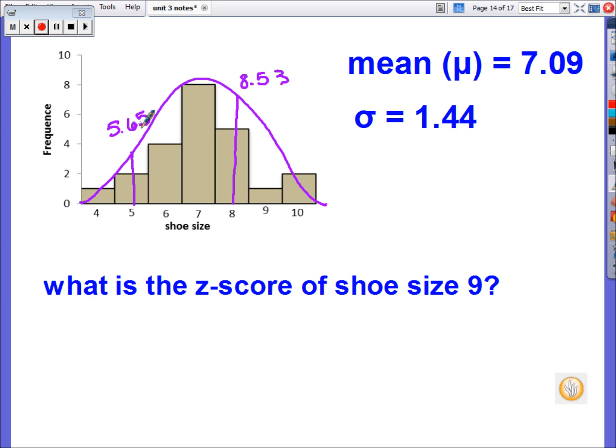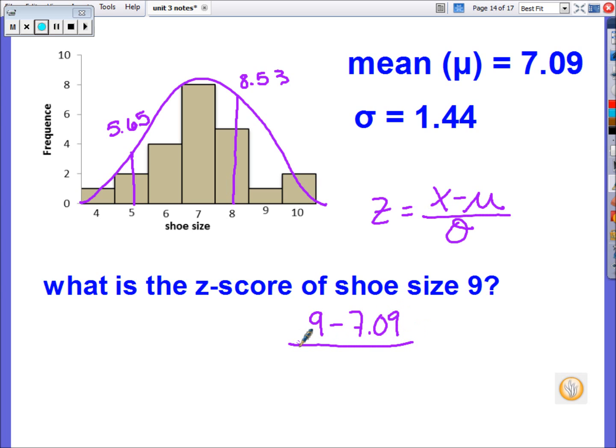So it's going to ask us, what is the z-score of a shoe size 9? Well, 9 is our element, so we're going to take our element minus our mean over our standard deviation. 9 is our element, so 9 minus our mean, 7.09, divided by our standard deviation, 1.44. That's our z-score.